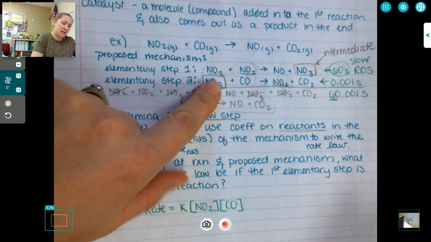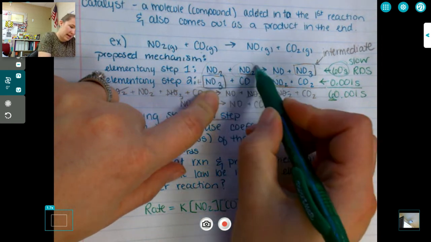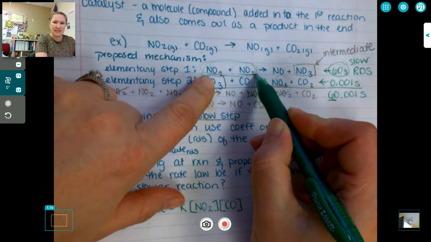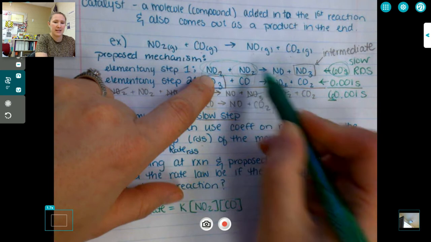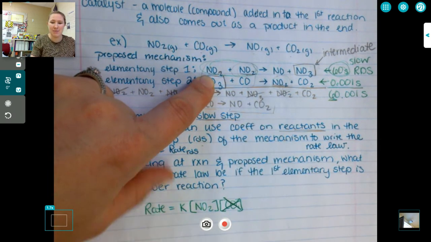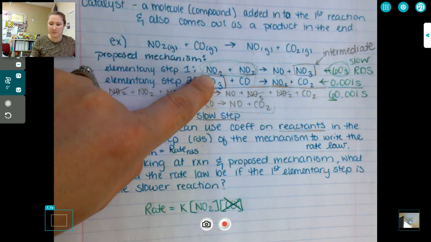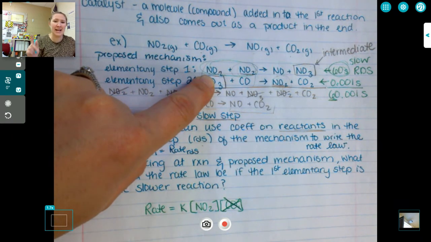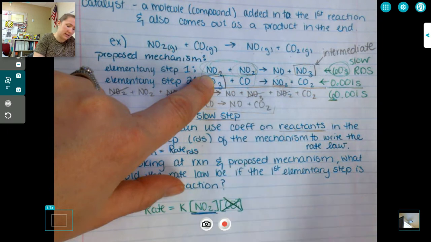My rate determining step only has nitrogen dioxide in it. It doesn't have carbon monoxide. So that means carbon monoxide's concentration doesn't impact the rate of my reaction. So instead, I only have to worry about my nitrogen dioxide.